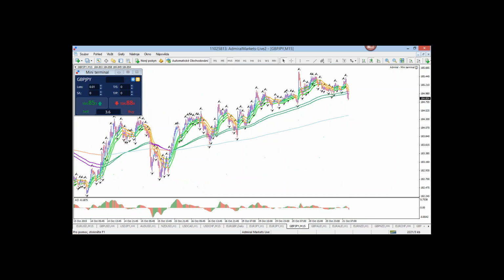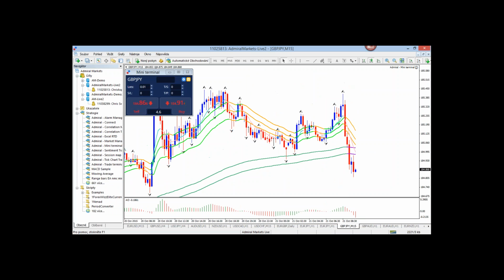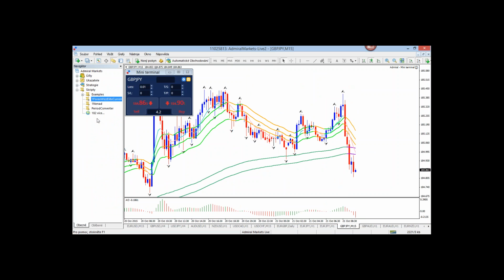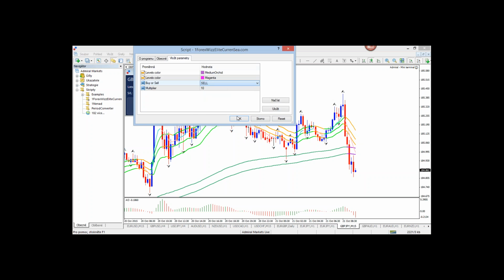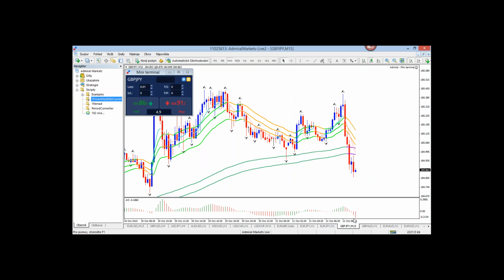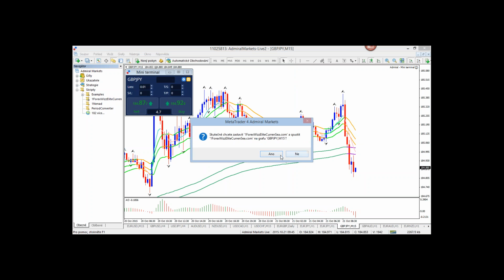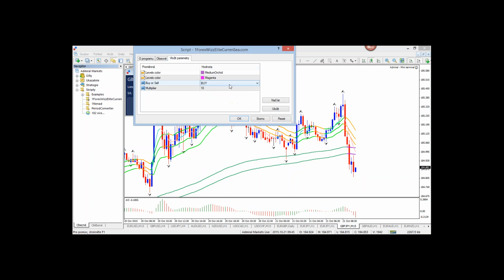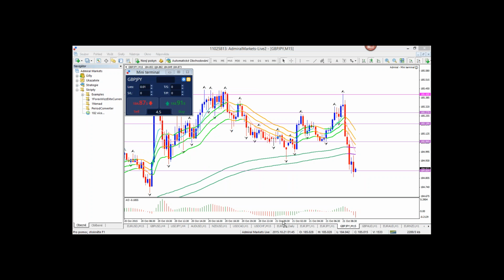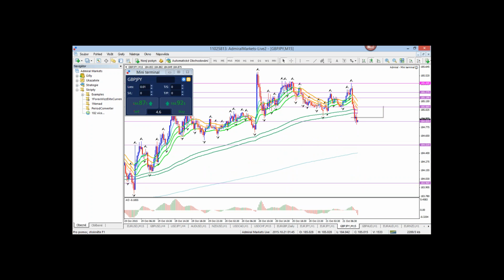So let me use the tool that I was using yesterday as well. That's the sequence level. Let's see how far it has fallen to the downside. One, two, three, fourth level.